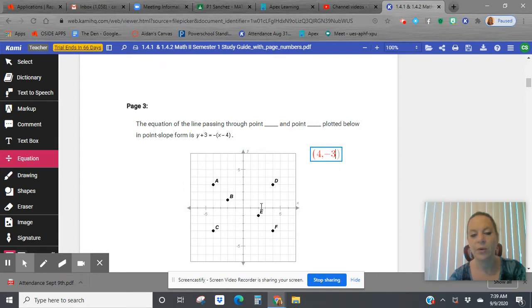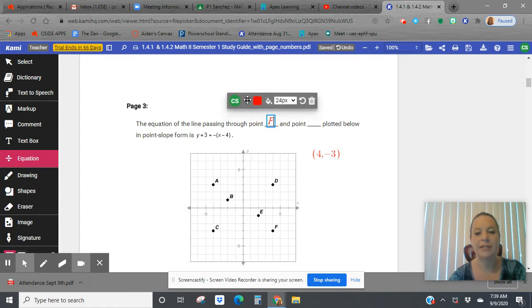Now let's go look. 1, 2, 3, 4, down 3. This point F is on there. So I'm going to go type in point F. Now the slope that we're counting is a negative 1 slope. So if I count that slope backwards, the down 1 over 1, point E is also on the line.